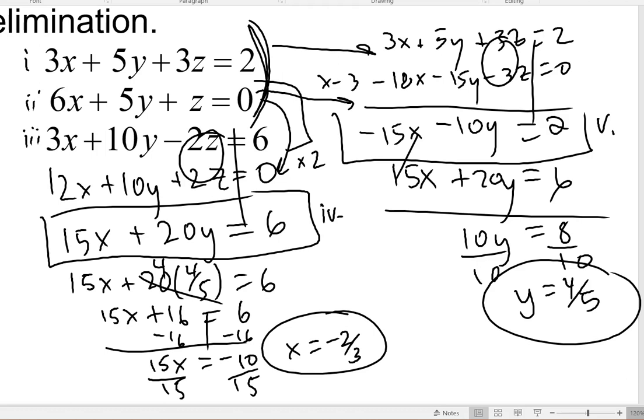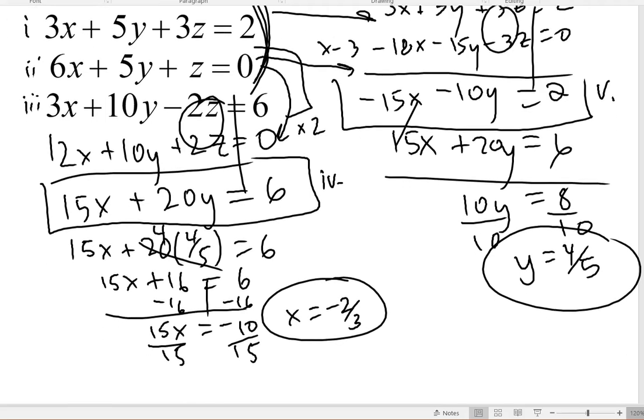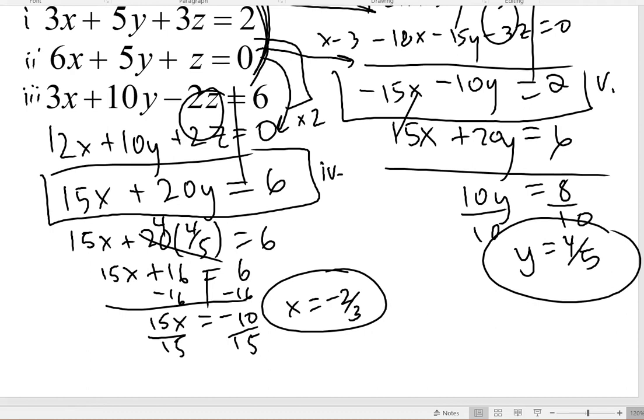We need a z. Good news is we have one in equation 2. So I'm going to take equation 2 and do what? 6 times x plus 5 times y plus z equals 0.